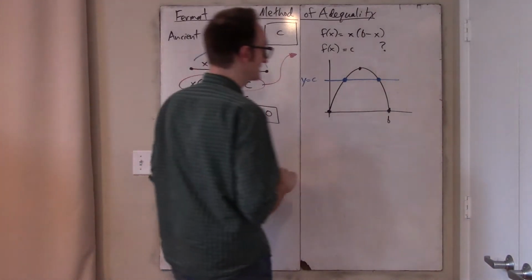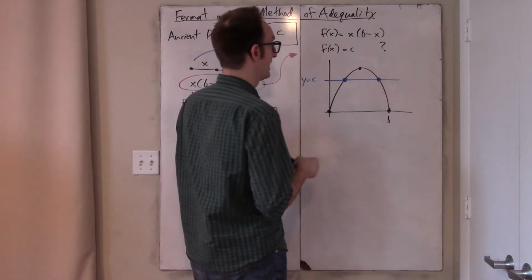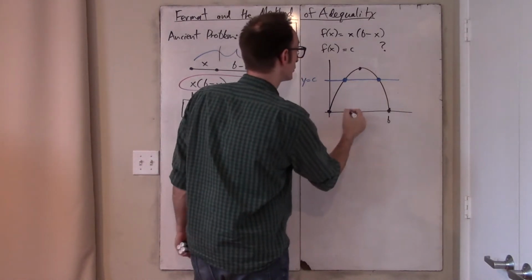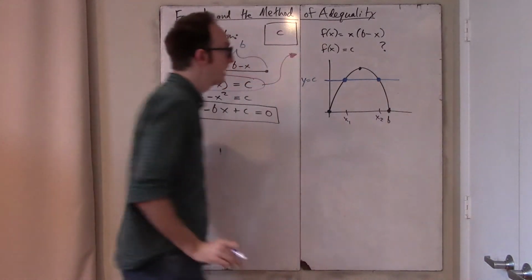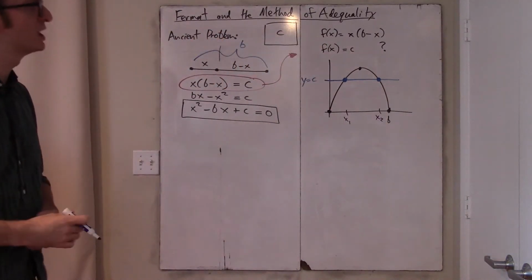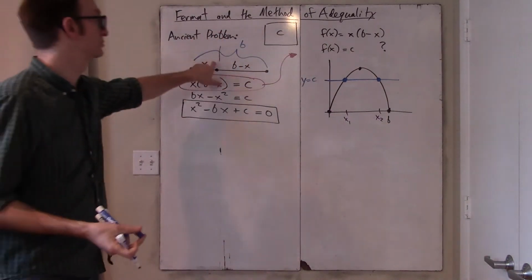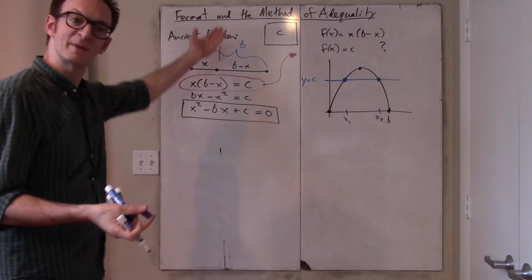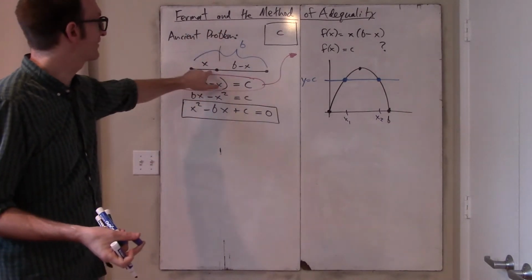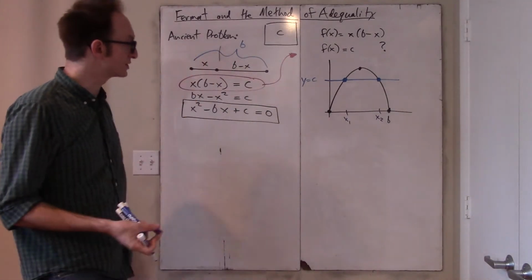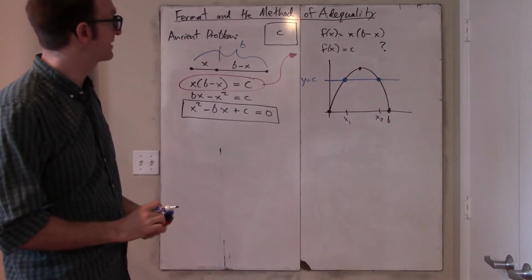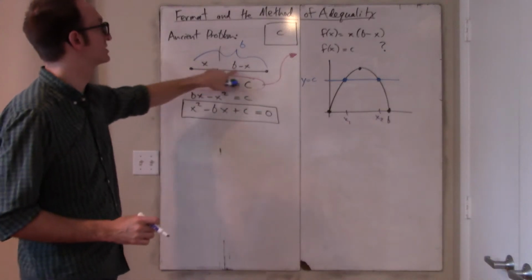There are always going to be two roots, x1 and x2. They're the two numbers which are solutions to this problem. And this problem has two solutions because whatever x is, then b minus x will also be a solution.